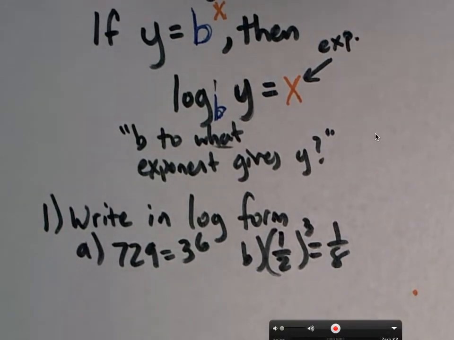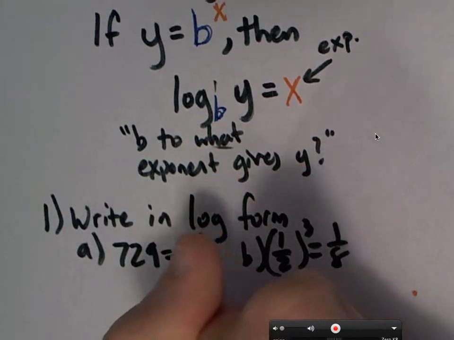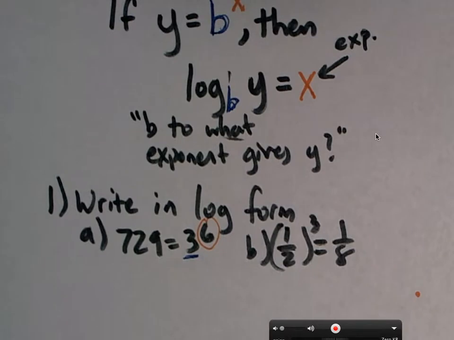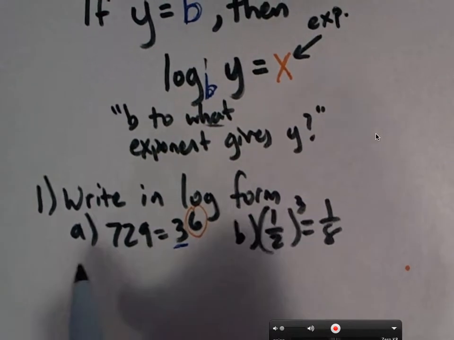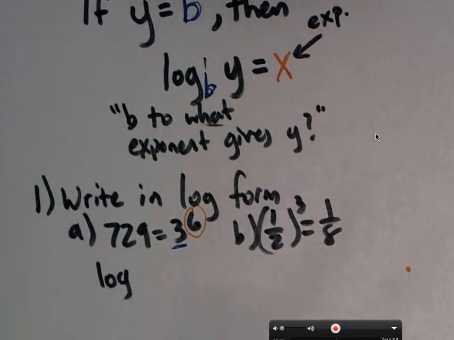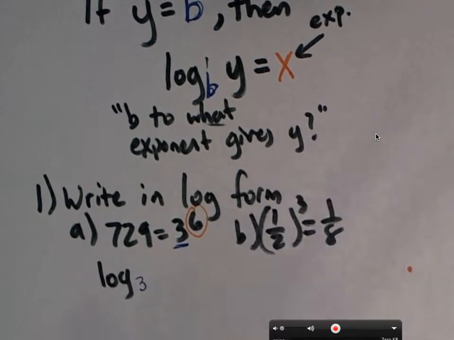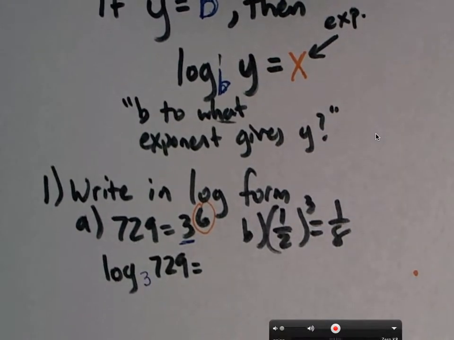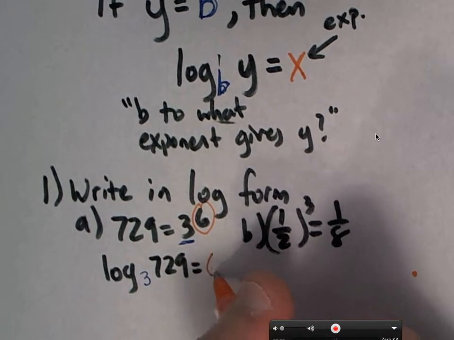First off, the base here is this 3. The exponent part is the 6. So I'm going to rewrite this as log base 3 of 729 equals 6.